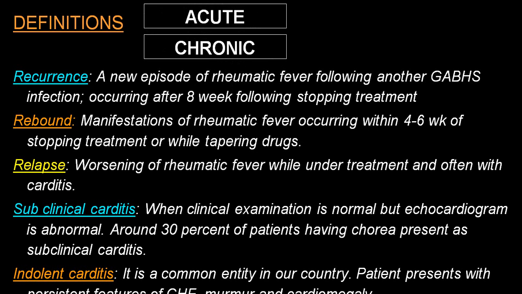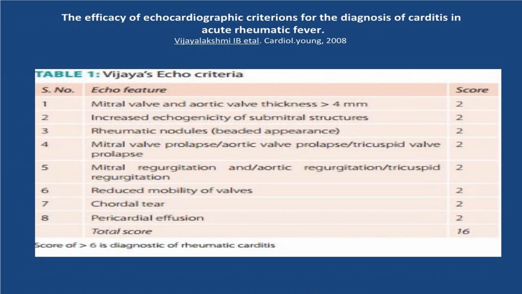It is also divided into acute and chronic. These are echo features: by doing a good echo, you can demonstrate mitral valve and aortic valve thickening, increased echogenicity of the subvalvular structures, rheumatic nodules, and mitral valve prolapse, aortic valve prolapse or tricuspid valve prolapse.